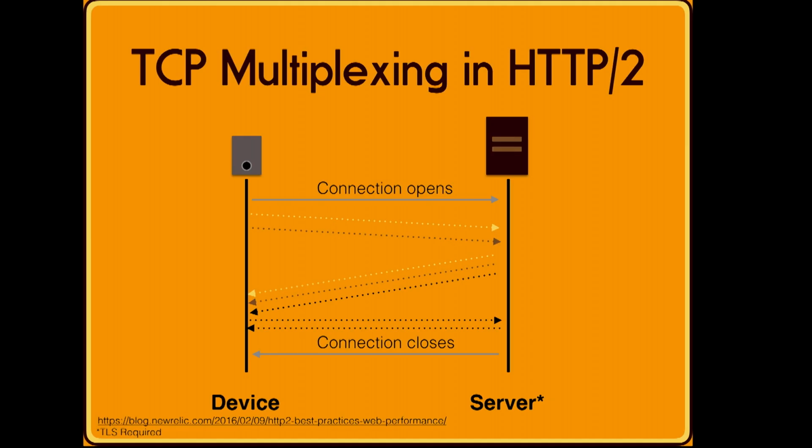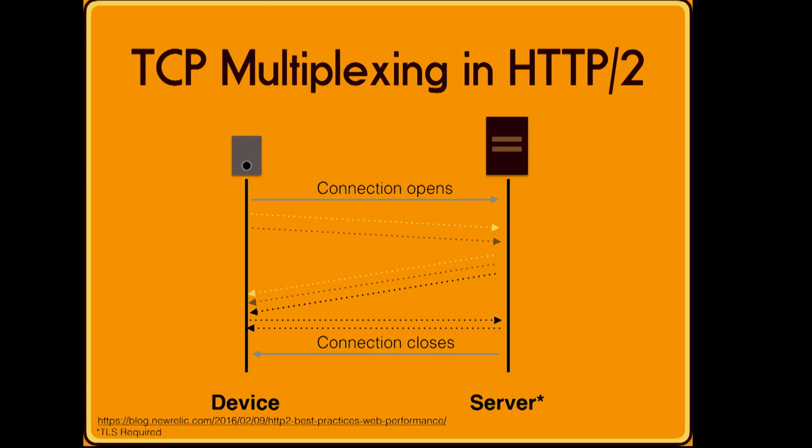With multiplexing, and this is one of the core benefits of the protocol, after you've opened the connection, you can send multiple requests and receive multiple responses. Previously in HTTP 1.1, you could only do that one at a time over a connection. We want to reduce the total number of TCP connections, but allow that same connection to be used in a smarter way with multiple HTTP requests and responses.